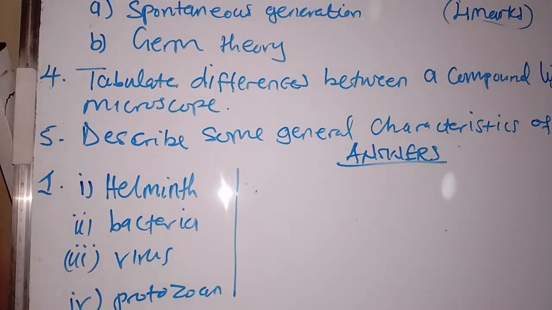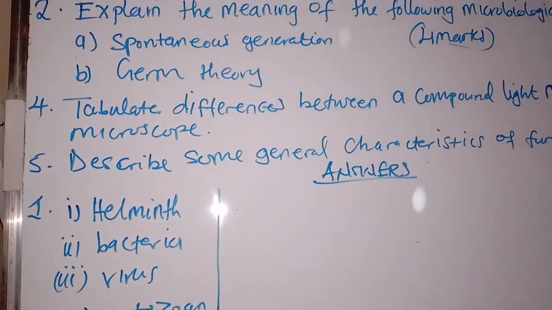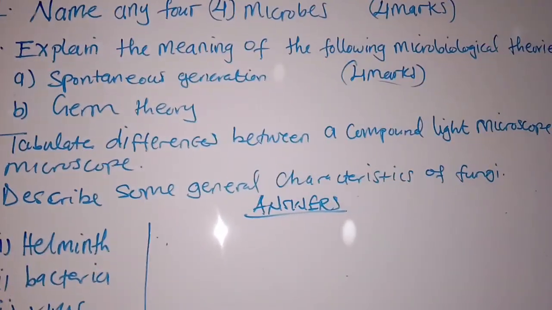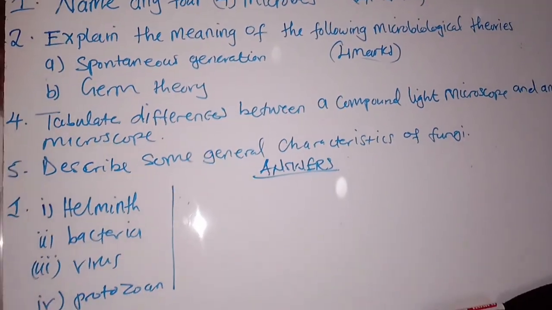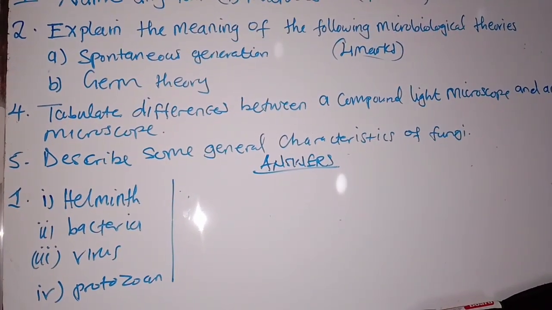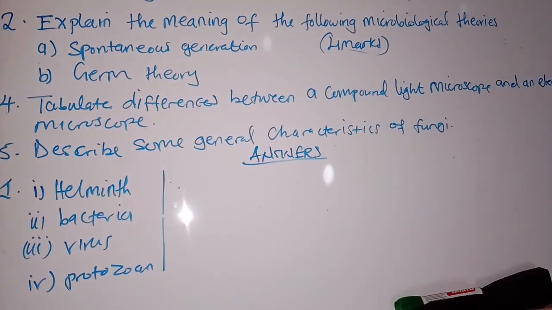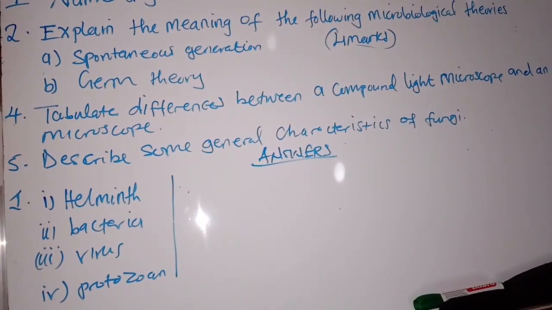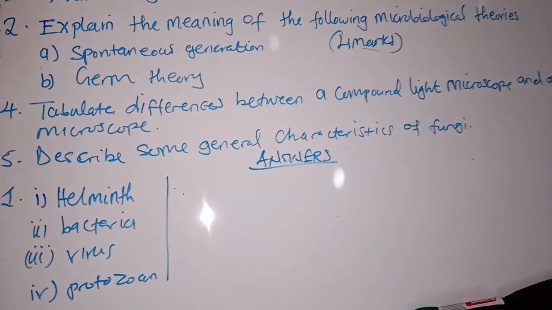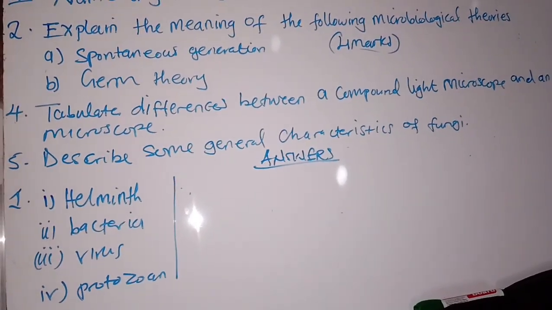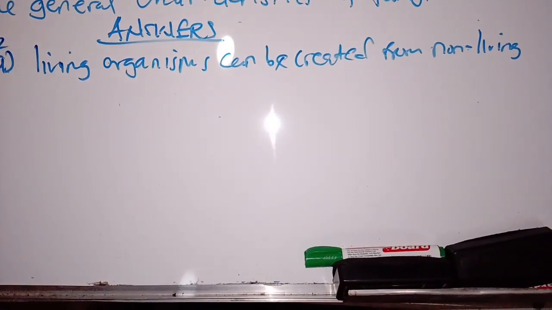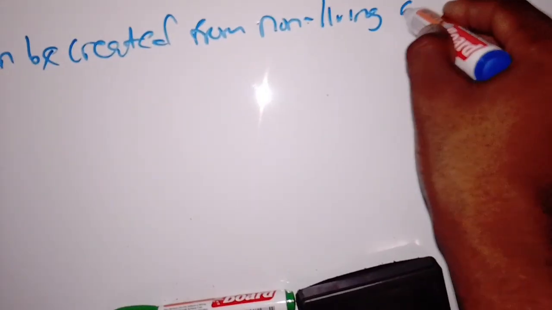Under spontaneous generation, Anton van Leeuwenhoek is the model we need to look at mostly, where he says I can create life from the non-living organisms, right? Yeah, so he said a lot about spontaneous generation. So he said the living organisms are created from non-living organisms.